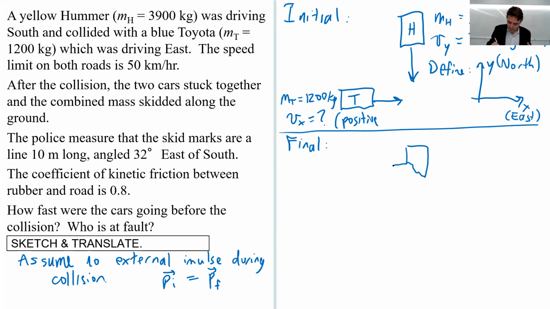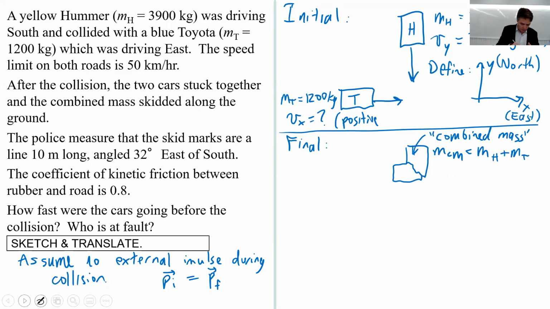So I'm going to draw them kind of like this. Whatever they were, this is now what's called in the question the combined mass. So MCM, I'm going to call it combined mass, CM, is the mass of the Hummer plus the mass of the Toyota.